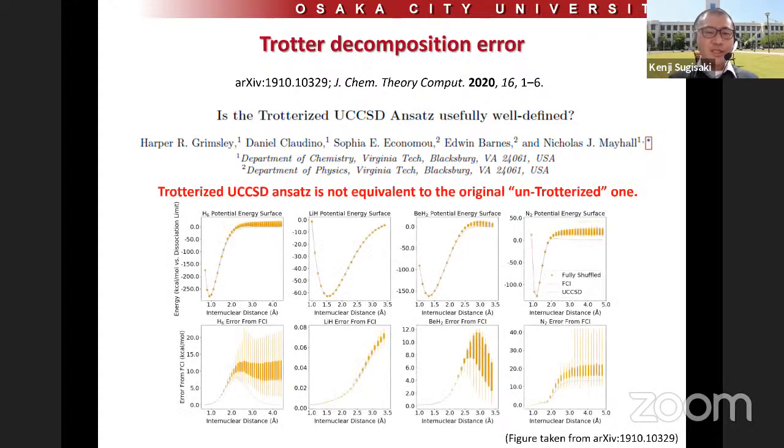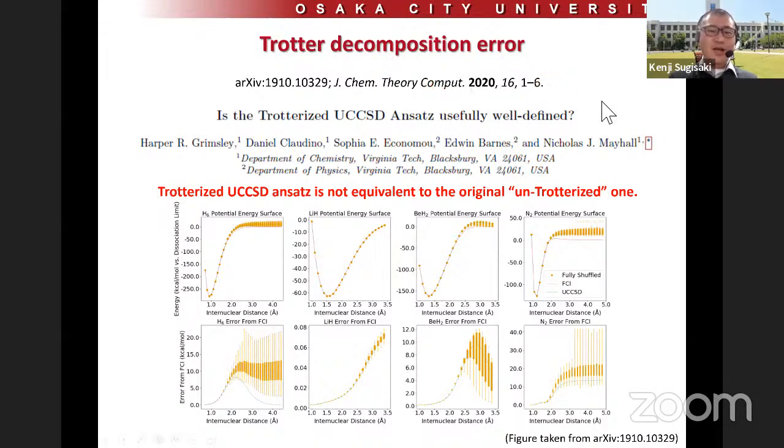And importantly, let us think about the unitary coupled cluster ansatz in the VQE. The Trotterized unitary coupled cluster ansatz is not equivalent to the original one. We can naturally expect this, but this is discussed in detail in this paper.